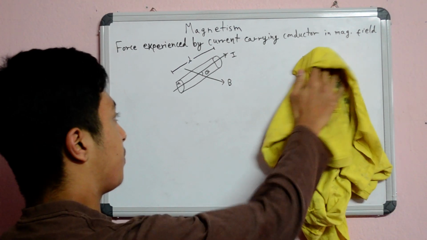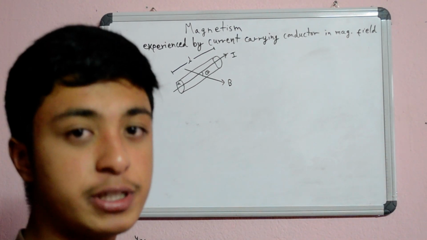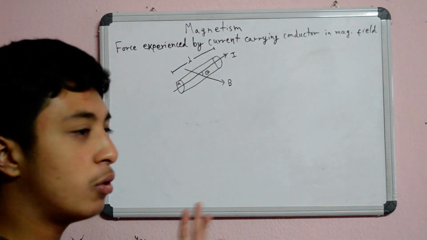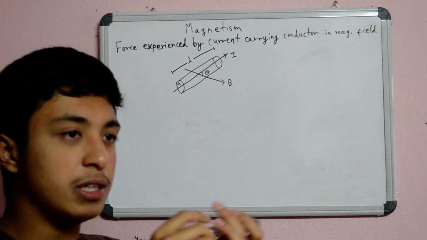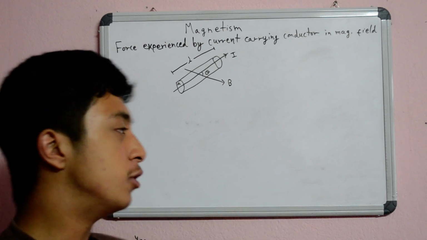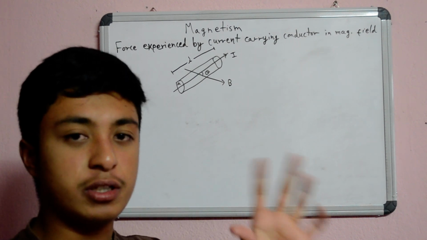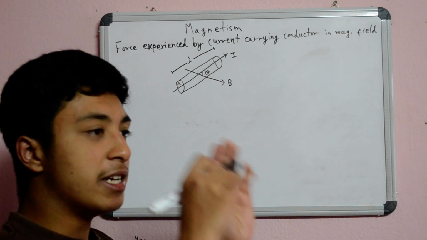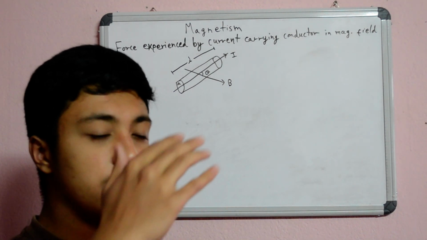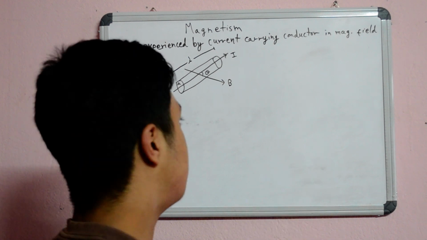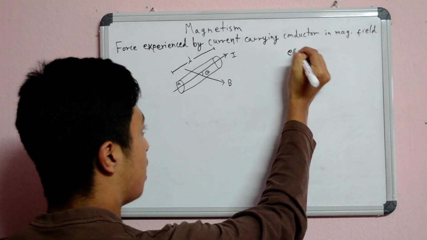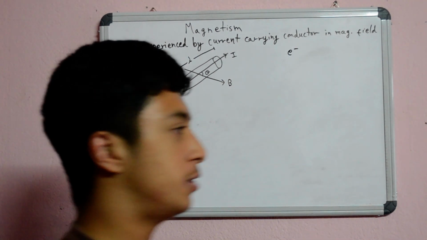And here, if those electrons are put in a magnetic field, we know that a charged particle in a magnetic field experiences a force known as Lorentz force. Since an electron is obviously charged, each electron experiences a Lorentz force.